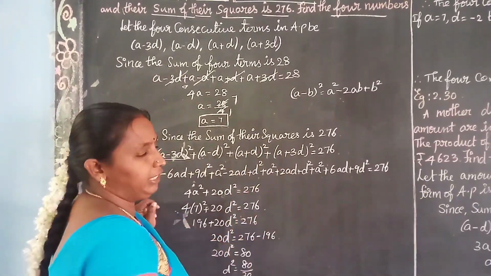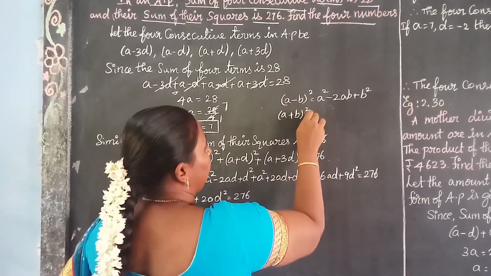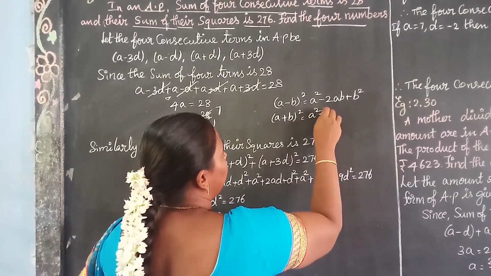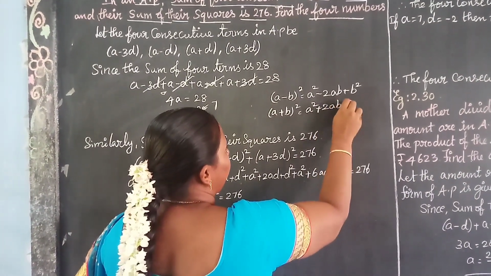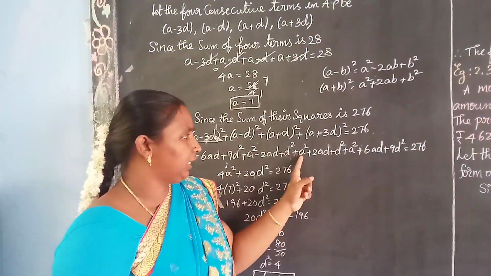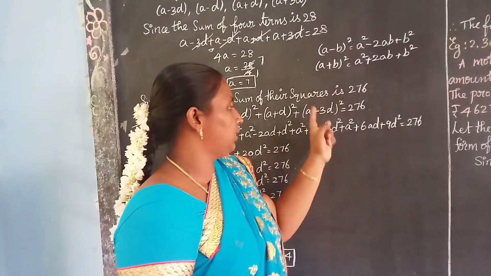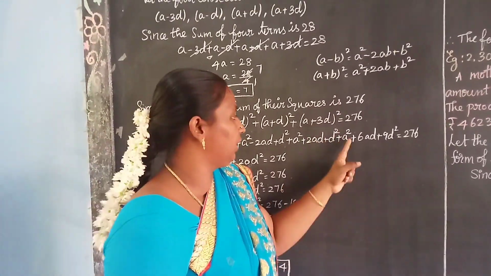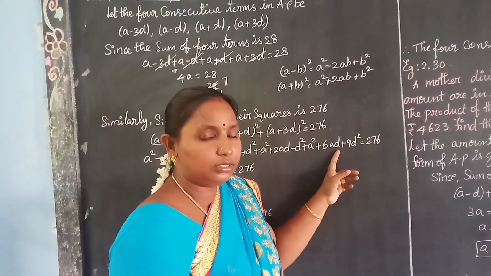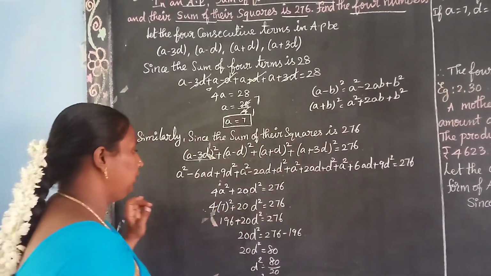So a plus d whole square is in the form a plus b whole square. What is a plus b whole square? a square plus 2ab plus b square. If you expand now, you will get a square plus 2ad plus d square. Here also you can use the identity a plus b whole square. You will get a square plus 6ad plus 9d square, equal to 276.